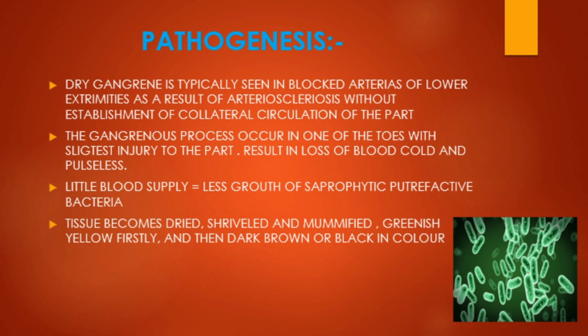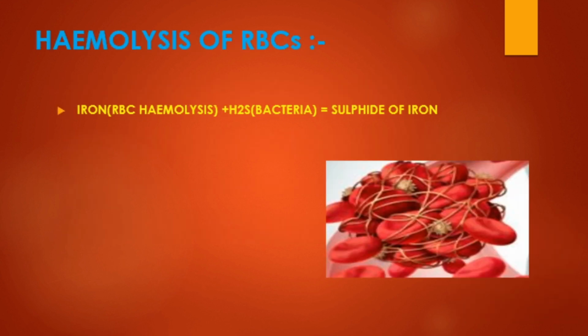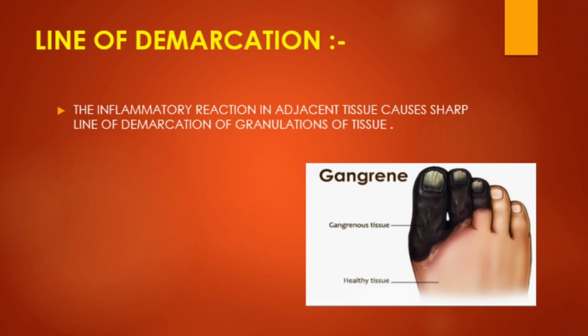The part becomes dried, shriveled, mummified, greenish firstly and then black. Why is the black color there? Because of hemolysis of RBCs, the iron from RBCs and the H2S from bacteria combine and form sulfide of iron, which gives the black brown color to the affected part. And then how the line of demarcation is formed. This is how the line of demarcation is there.